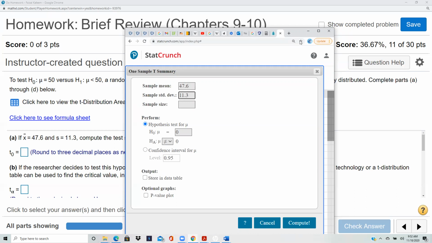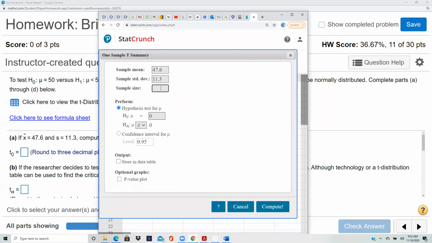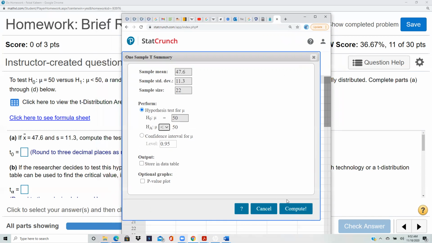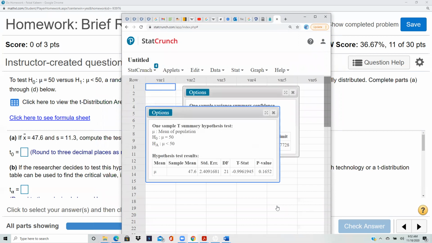The size, that'll be the N, 22. And then equals 50 and less than 50. The test statistic is negative 0.996.